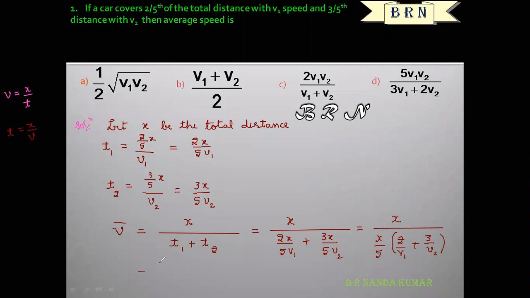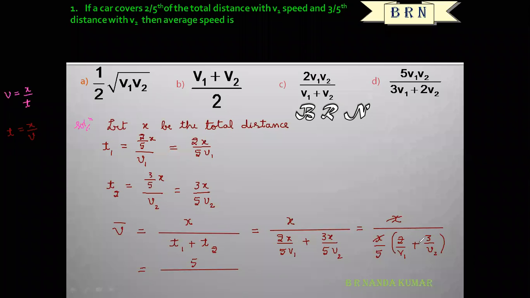So x cancels here. We get 1 divided by that, and the 1 by 5 is shifted to the numerator, so that is just 5.